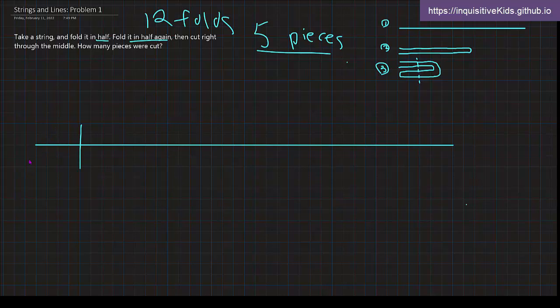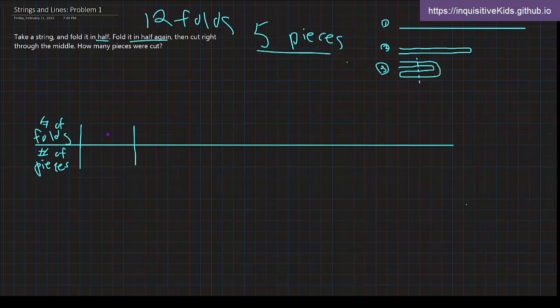So over here, I'm going to name the values of the first row and second row. For the first row, I'm going to have the number of folds, because that's something that changes. And as the number of folds change, the number of pieces change, right? The number of pieces after you cut it with a scissor.